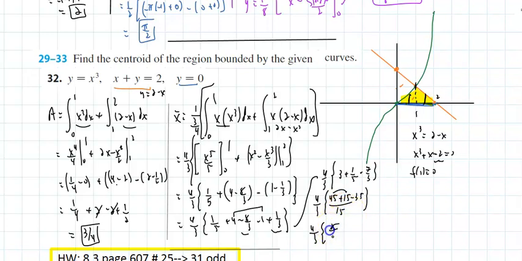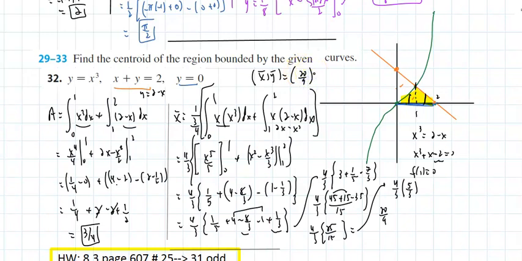And 25 over 15 really reduces. That is 4/3 times 5 over 3. That is 20 over 9. So I'm getting x bar to be 20 over 9.